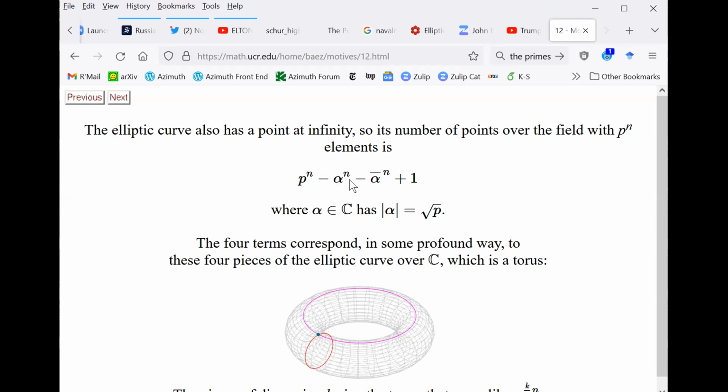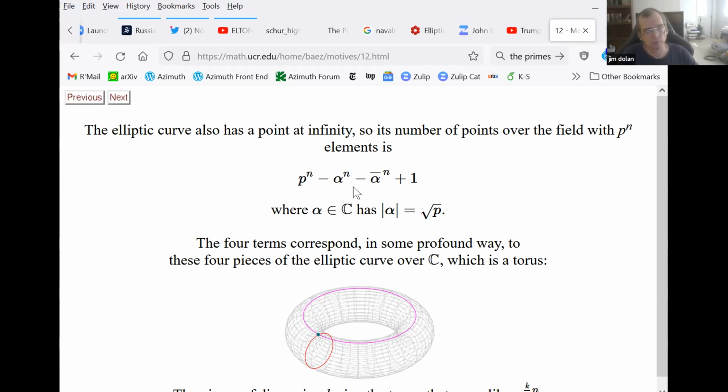David started pressing me on that issue: when does that happen? I believe that happens when the elliptic curve is called supersingular, which is an old-fashioned term.